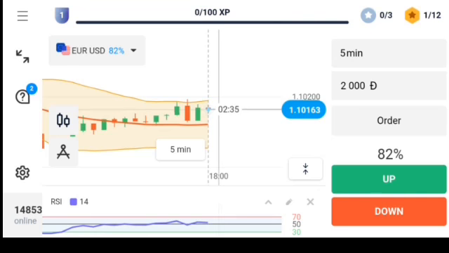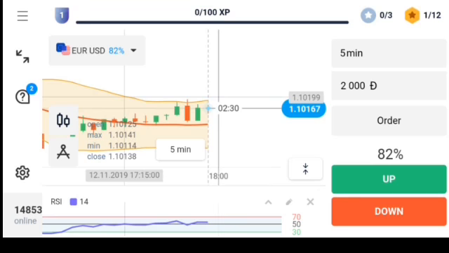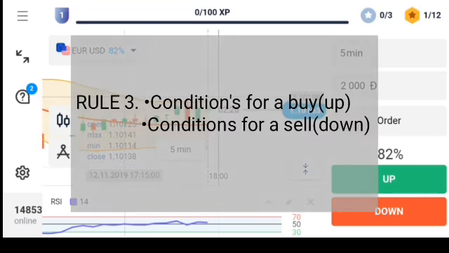Okay, let's move on to our third rule. Our third rule comprises the conditions for a sell and the conditions for a buy.